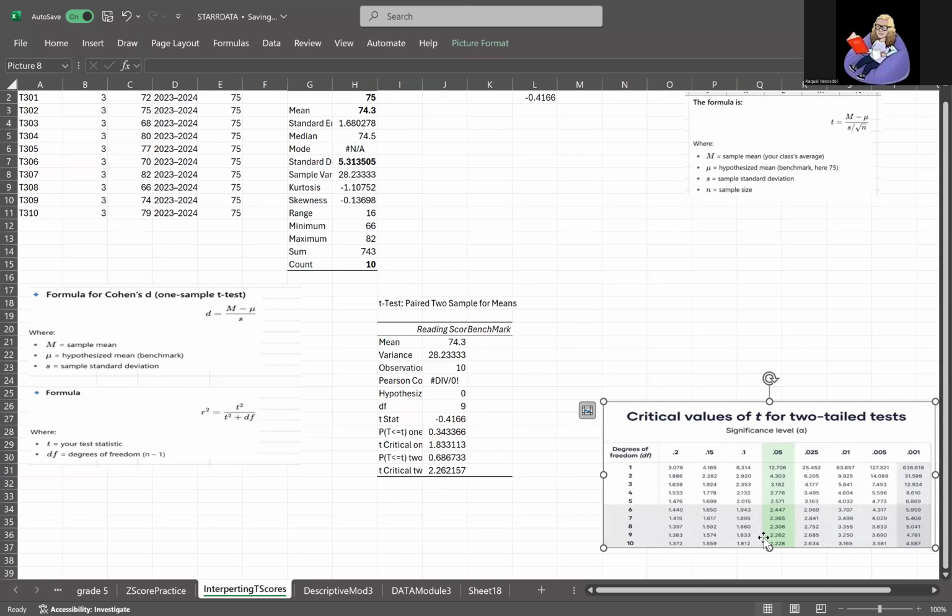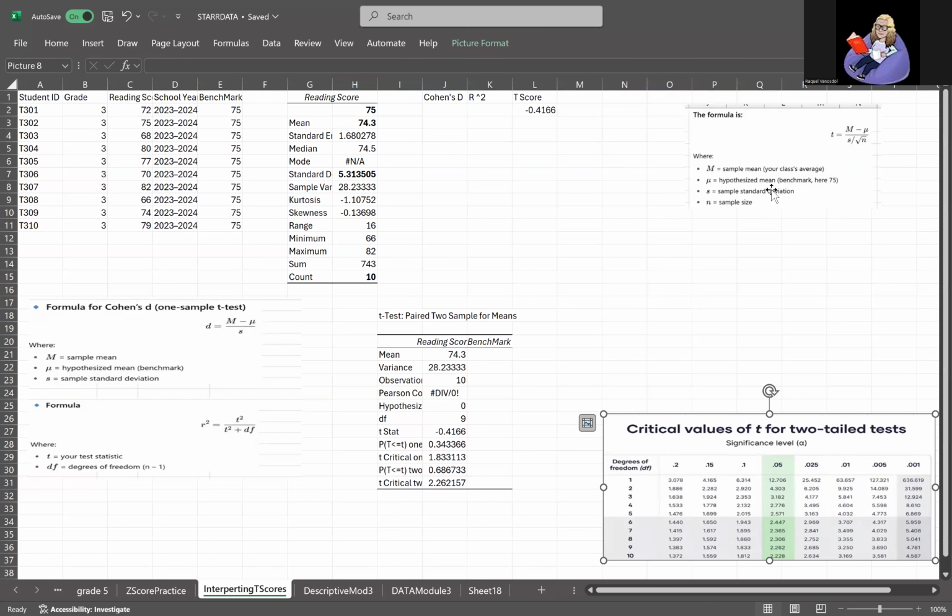So your next step, 4, is to calculate the test statistic. First you're going to create the descriptive statistics, which I have created on my spreadsheet. And then you're going to get your t-test statistic. I use the formula that is on the screen, where you have M, the capital letter M, which is the mean of your class average, and mu, your benchmark, which is 75, and here is your benchmark.